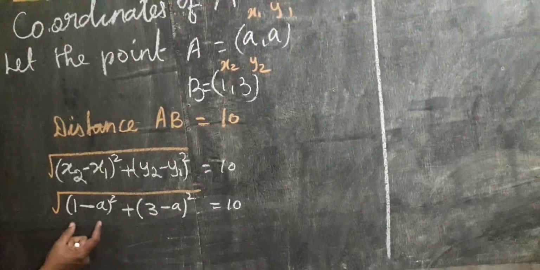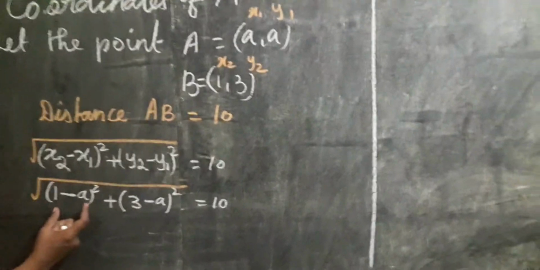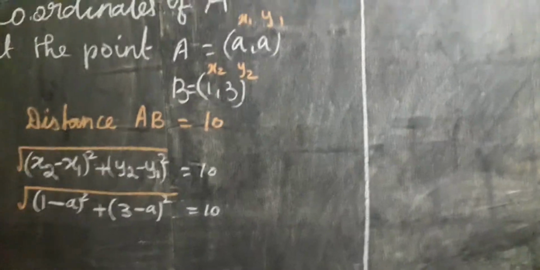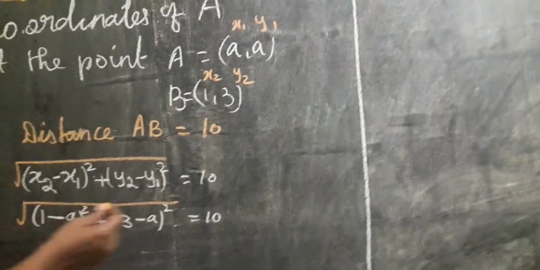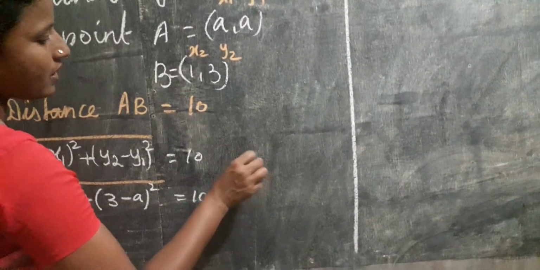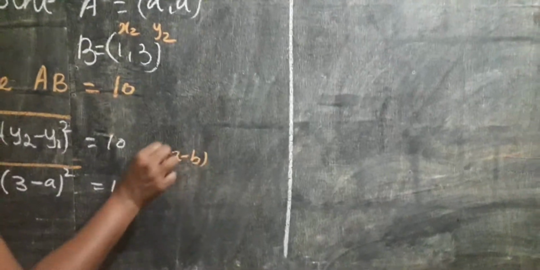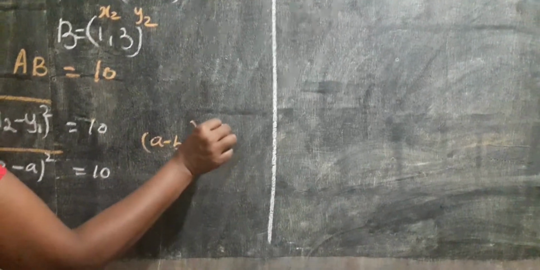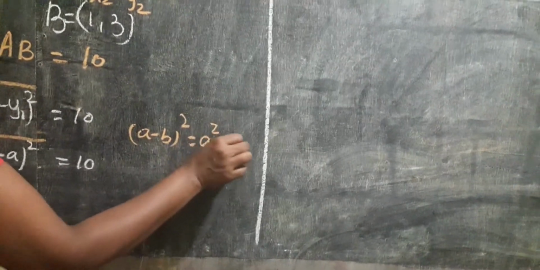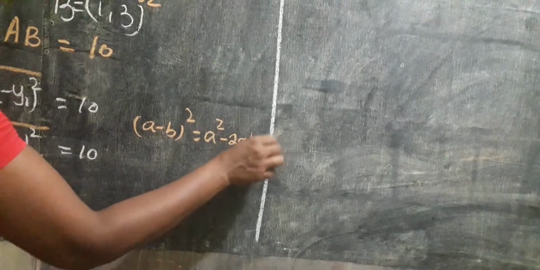If you see 1 minus A whole square, you know very well we have to apply the formula. What is the formula? A minus B whole square is equal to A square minus 2AB plus B square.